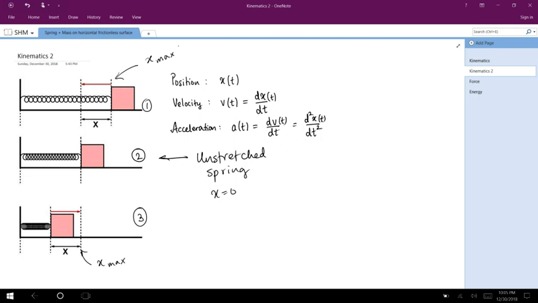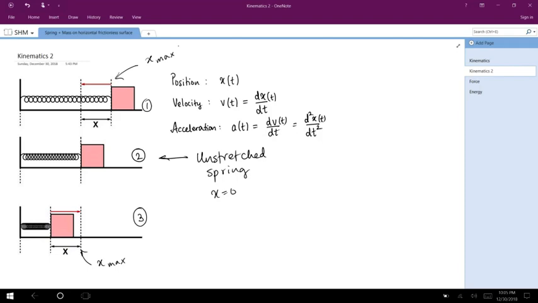Okay. Now what I want to do next is plot the position of the block as a function of time. And remember that our 0 for the position is in position number 2. So this is my position versus time graph.